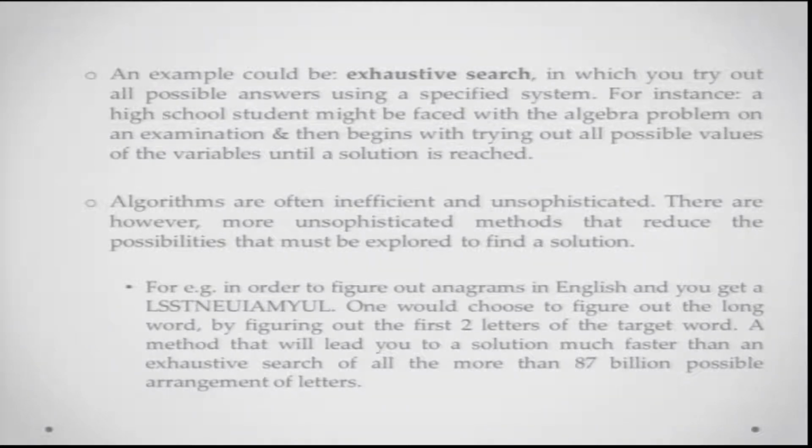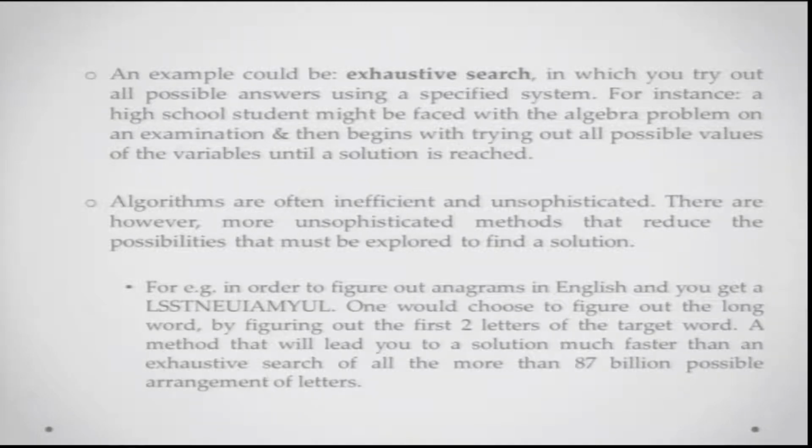An exhaustive search, as the name suggests, is when you are trying out all the possible answers using a specified system. Suppose, for example, you are solving an algebra problem with two variables, x and y, and you have to solve for x. One way of doing this is to start from x equals 0, y equals 1, and just keep putting each of these values in the equation till you finally reach a solution.